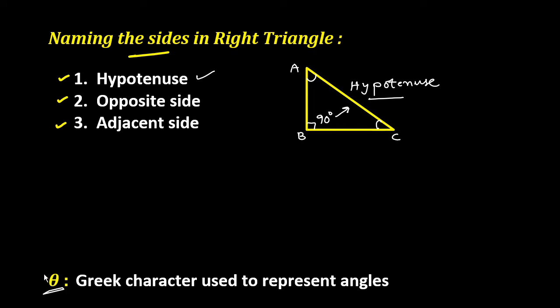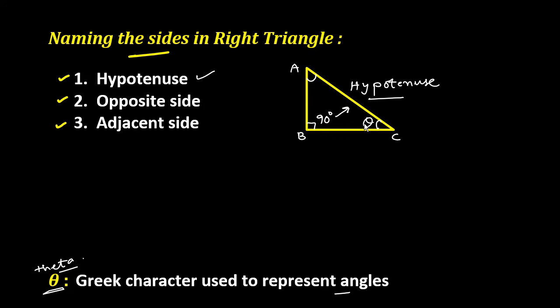So this is called theta. This is a Greek character which is used to represent angles. So we generally use this symbol in place of angles. So here at C the angle is acute, so I write theta.